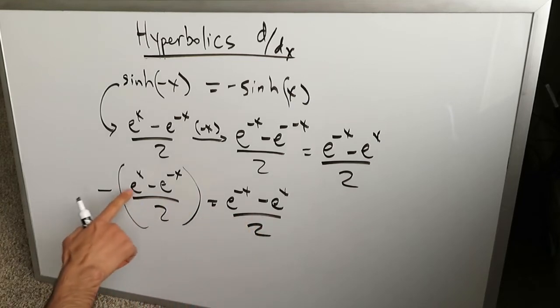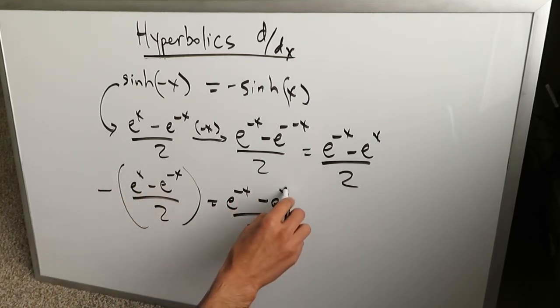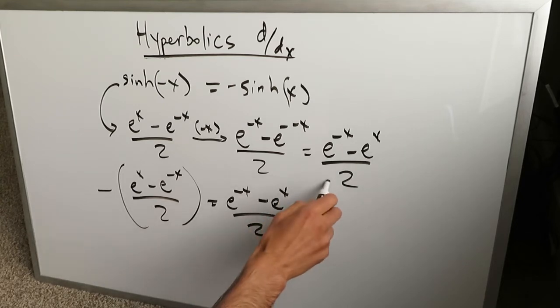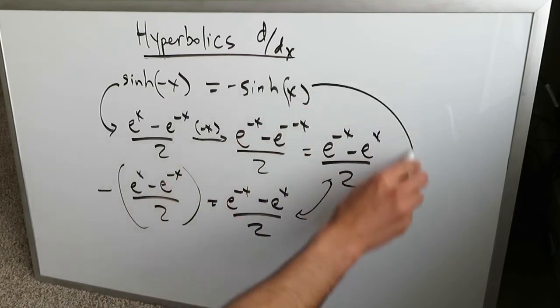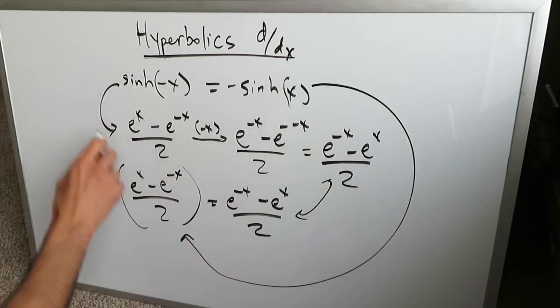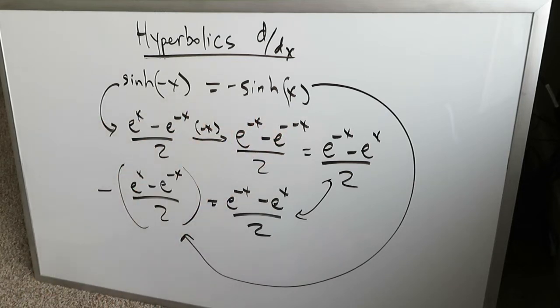Look over here. These things flip around because of the minus effect, and you get this e to the minus x minus e to the x over 2, and you can see both of these things are the same. So you're showing both of these are equivalent. So this proves this one identity of the hyperbolic sine, that the sine hyperbolic function is indeed an odd function.